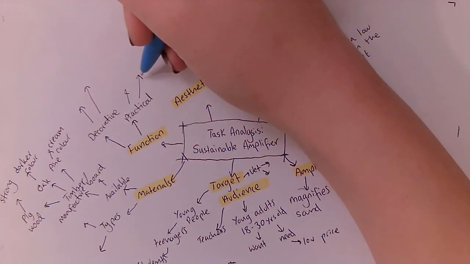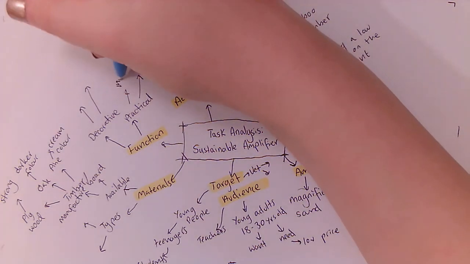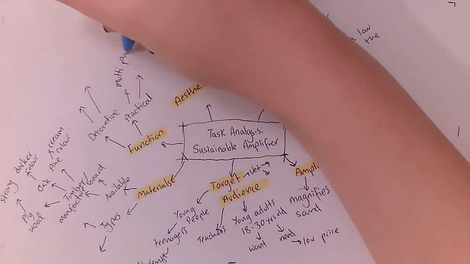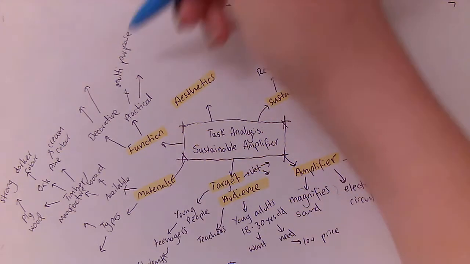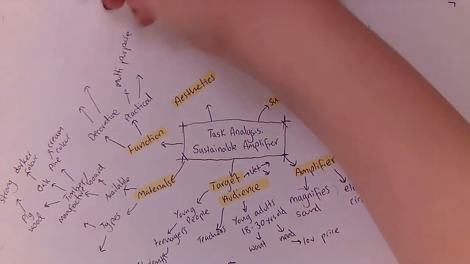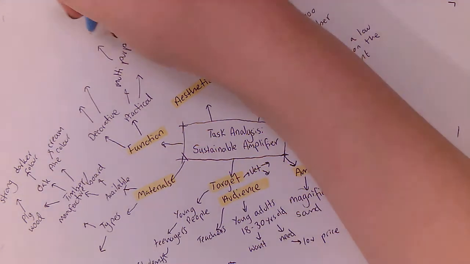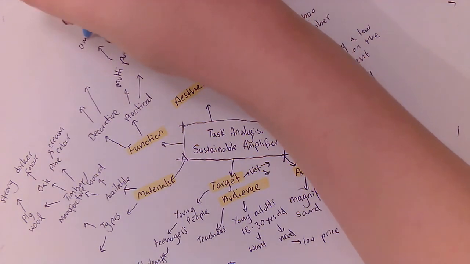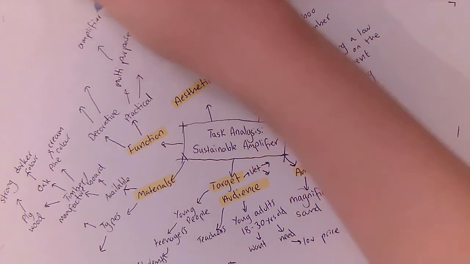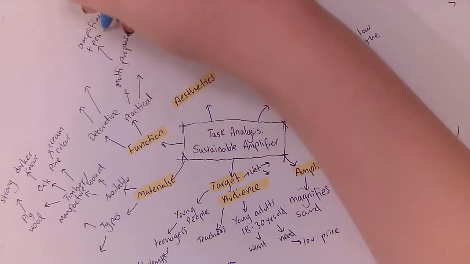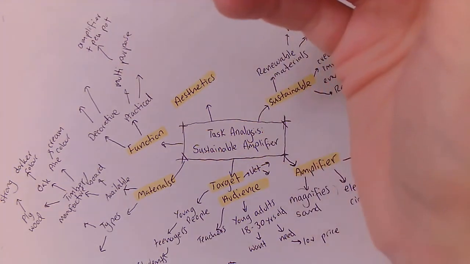So perhaps I could make it multi-purpose. So I know it's got to be an amplifier, but maybe I can give it an additional job. Maybe I could also make it an amplifier plus pen pot. 2 jobs. I like that.